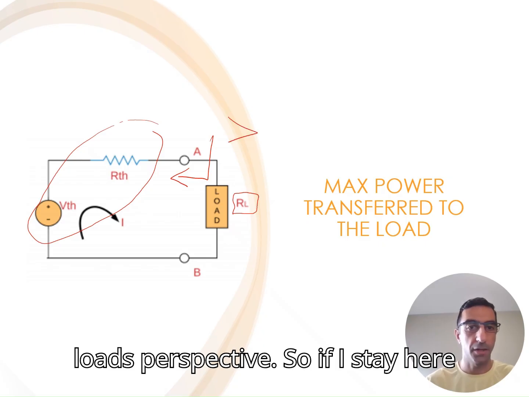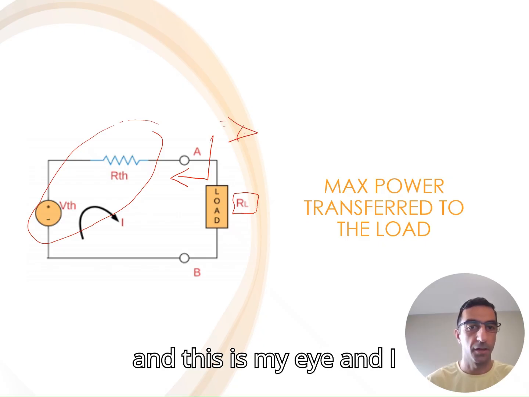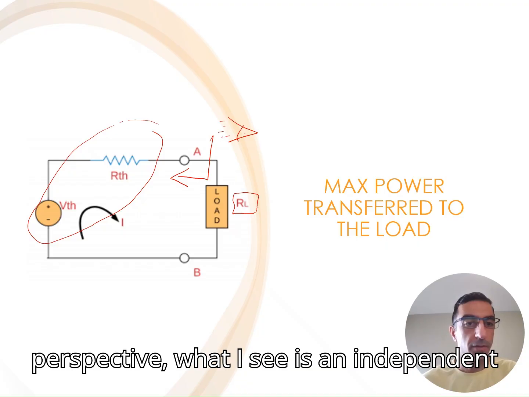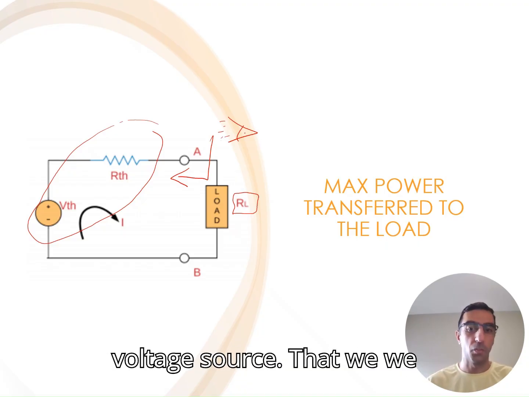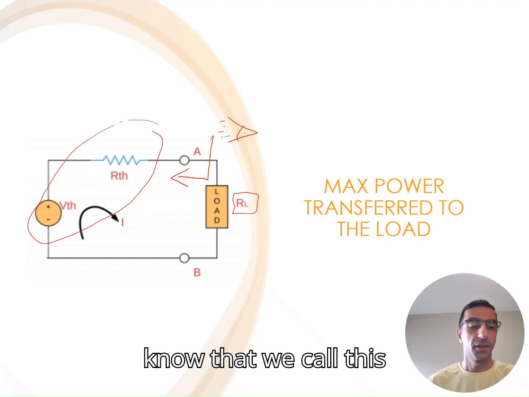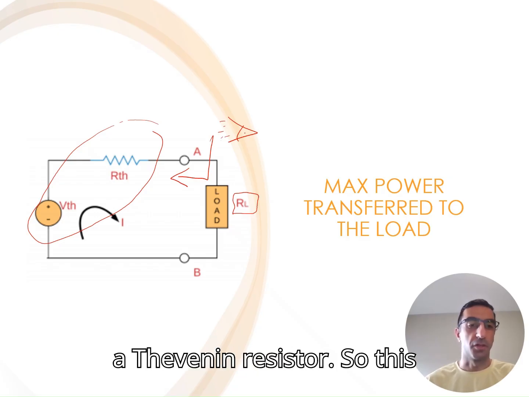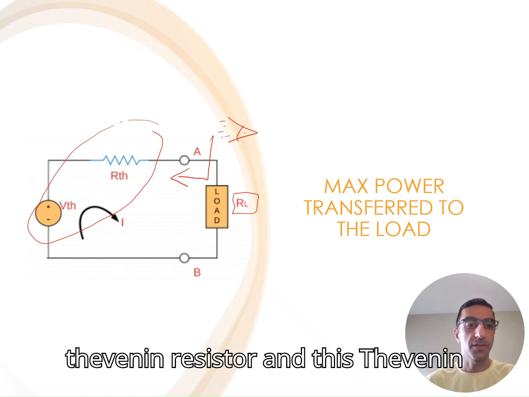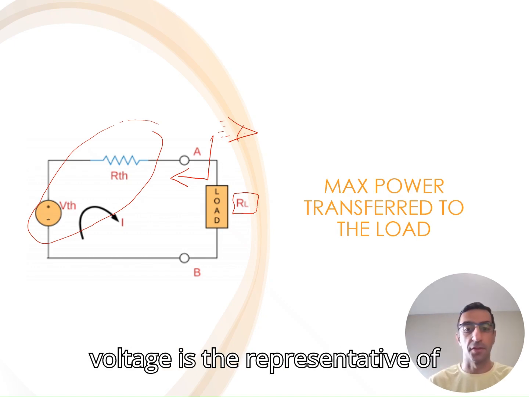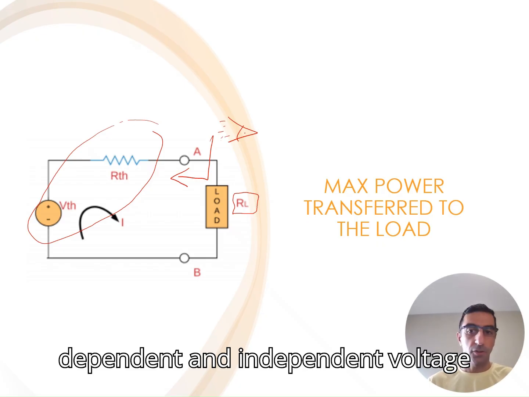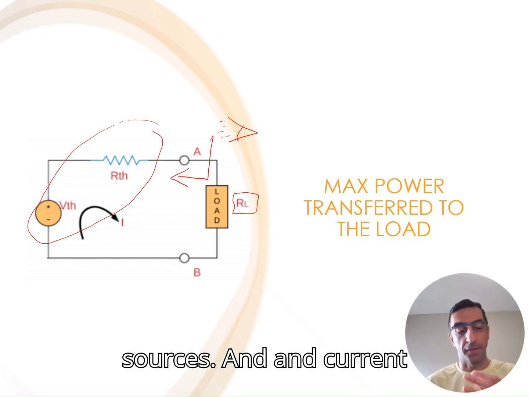If I stay here and this is my eye, what I see is an independent voltage source that we call the Thevenin voltage, in series with a Thevenin resistor. This Thevenin resistor and Thevenin voltage represent a bunch of resistors and dependent and independent voltage sources and current sources.